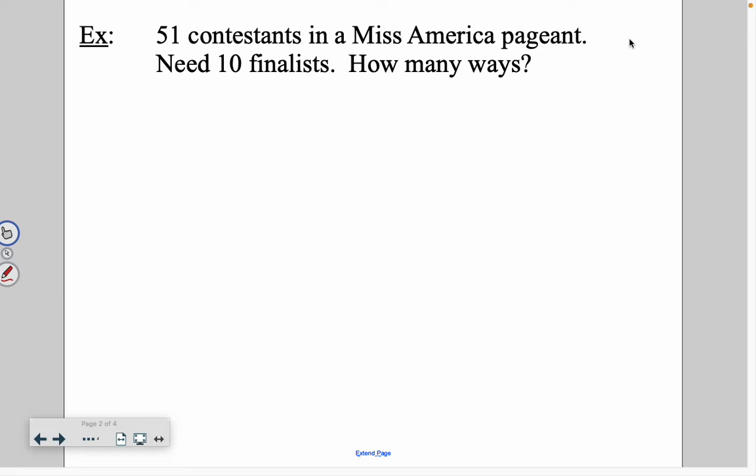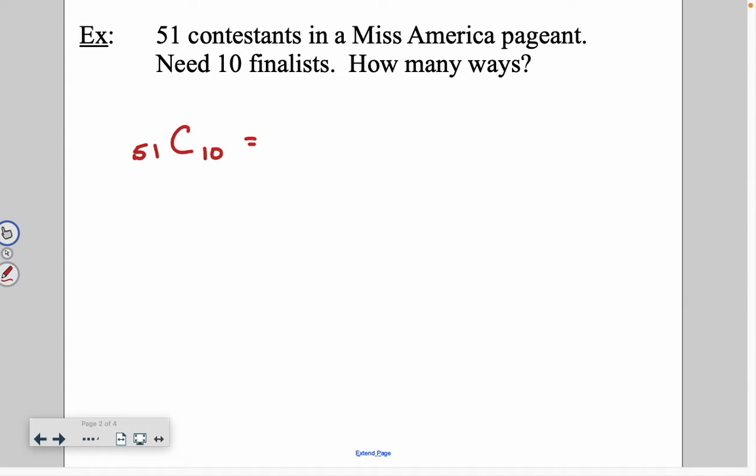So what this would be is 51 combinations, or choose 10 at a time. Okay? You've got 51 contestants and you're trying to choose a top 10. Even though C stands for combination, you're going to hear me say choose a lot. Okay? Just because it makes more sense. 51 choose 10. That's what this says. Okay?